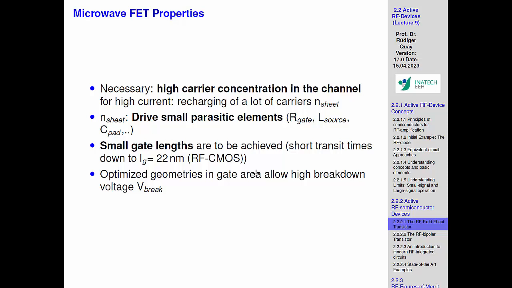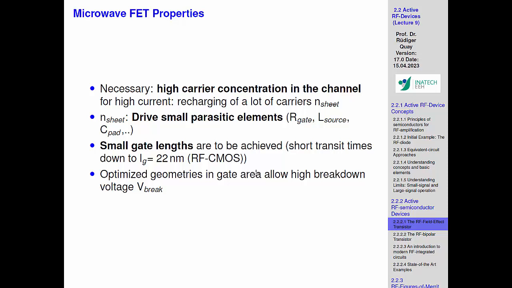Now, what we need for microwaves. Let's get away a bit from the digital idea. What do we want as carriers for microwave FETs? The one idea is clearly that you want a very high concentration of carriers in the channel.